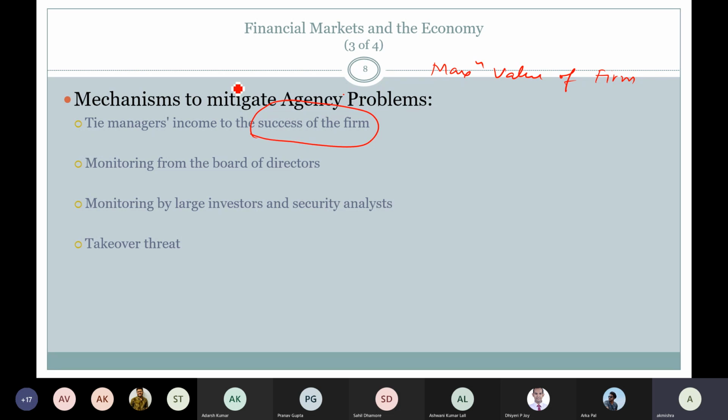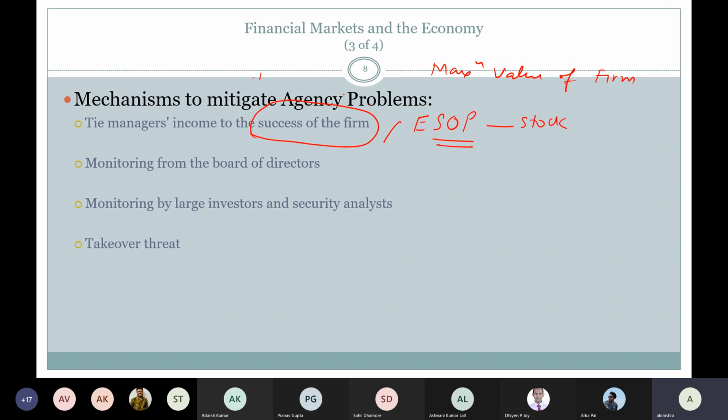Another option you may find is what we call ESOPs, employee stock option programs. It means the company can allocate certain stocks. And this is happening if some of you work with Google or these kinds of big companies.